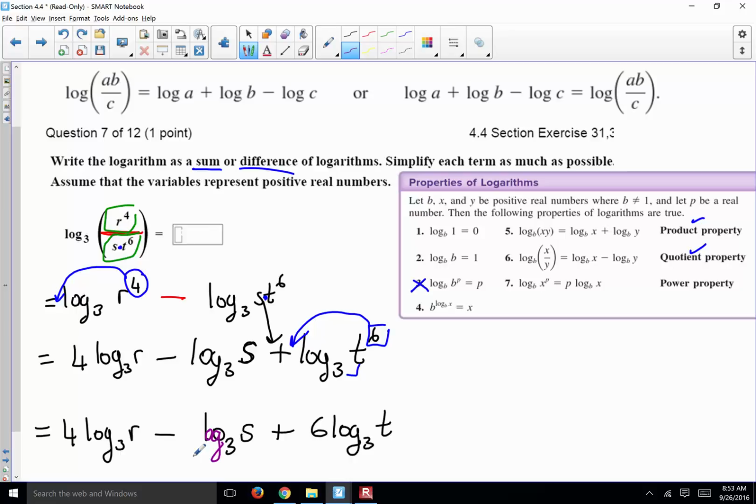Does this power of 6 go with both s and t? It was st to the power of 6. This 6 only covers t, not s. Yeah, if they used parentheses, you'd be right. We'd need to move 6 first and break s and t. You were right in that case, but no, this one has only t under 6.